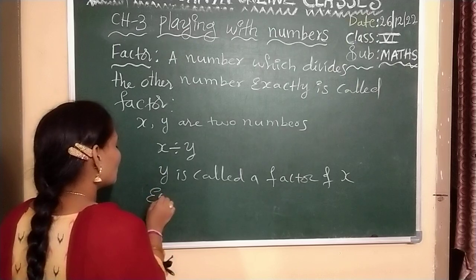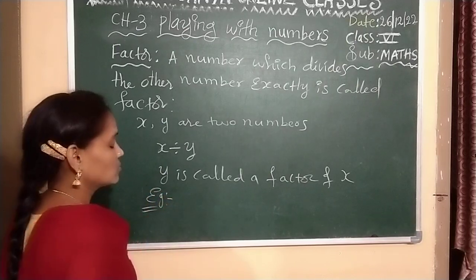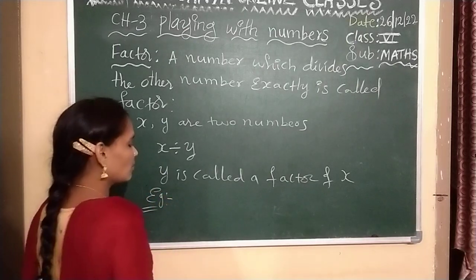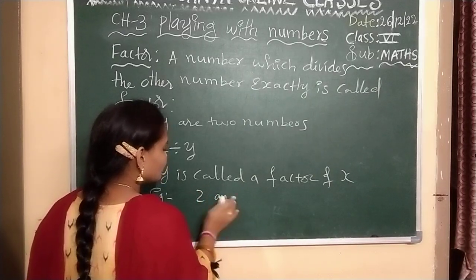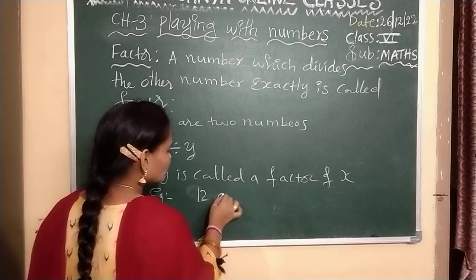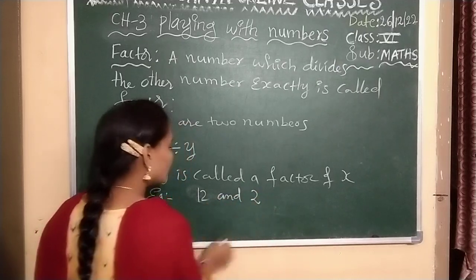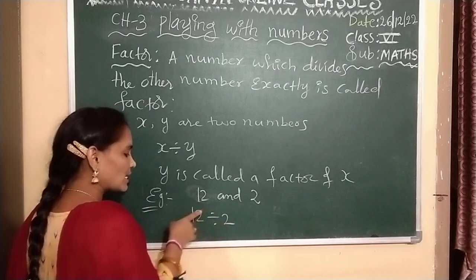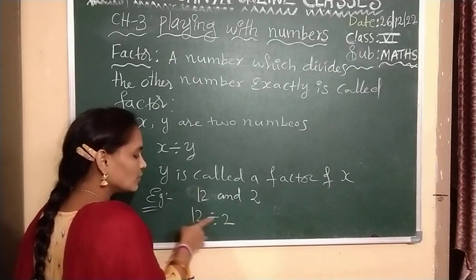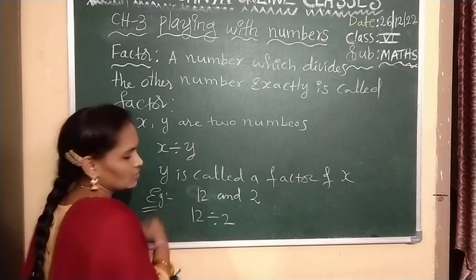Some example numbers with numerical values. Suppose I am taking 2 and 12. Here 2 exactly divides 12, so 2 is a factor of 12.